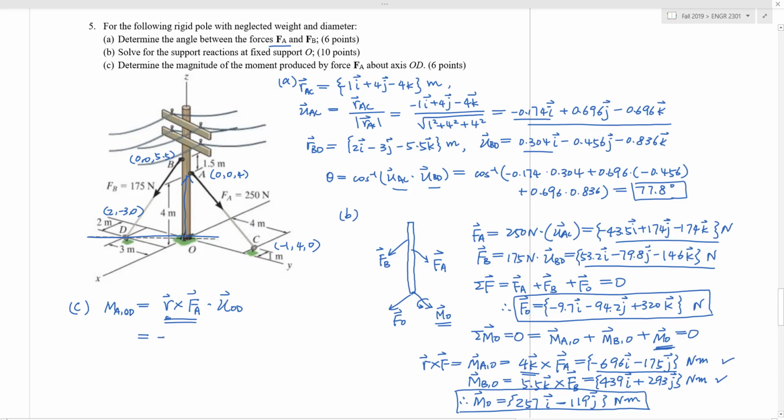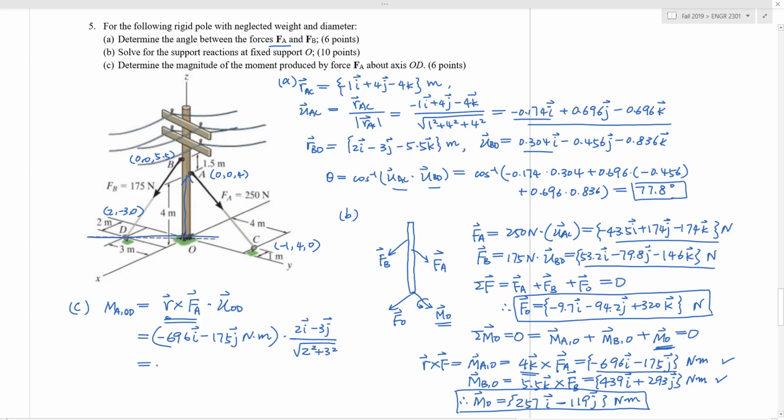So that's our negative 696i minus 175j Newton meter that have already been calculated. Dot product of uOD. uOD is determined by position OD, so rOD divided by the magnitude, and rOD is 2i minus 3j divided by the magnitude, square root of 2 squared plus 3 squared.